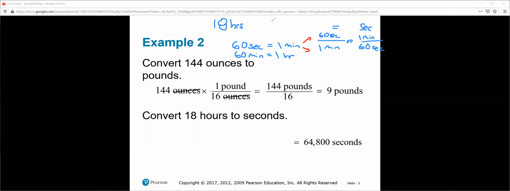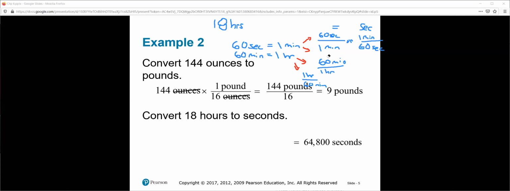And then the bottom one has 60 minutes per hour, or 1 hour per 60 minutes. Those are my four fractions. They all contain something I need. Hours and seconds are what I need. Those four fractions all contain them, so it's kind of a pain to look at.